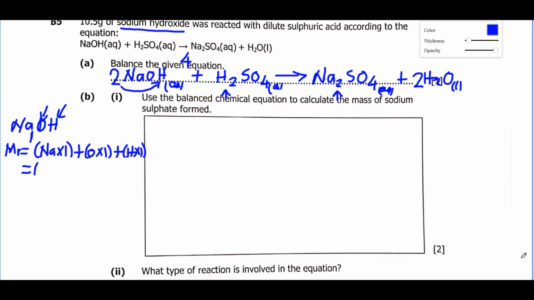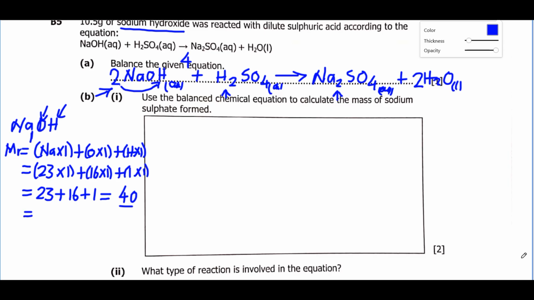The mass number for sodium is 23 times 1, plus 16 times 1, plus 1 times 1. 23 times 1 is 23, plus 16, plus 1, giving us the total of 40. So 40 is the mass for 1 compound of sodium hydroxide. Now remember, there is a 2. You need to put the mole ratios into consideration as long as you are dealing with mass to mass. So 2 times 40 will give us 80.